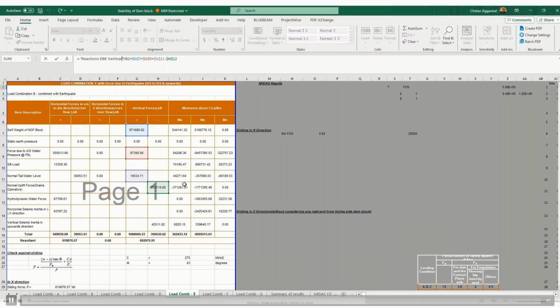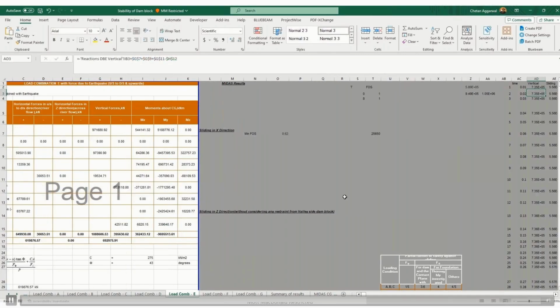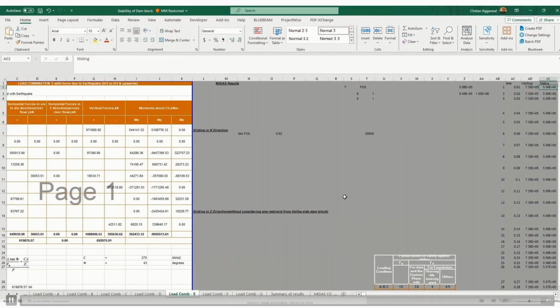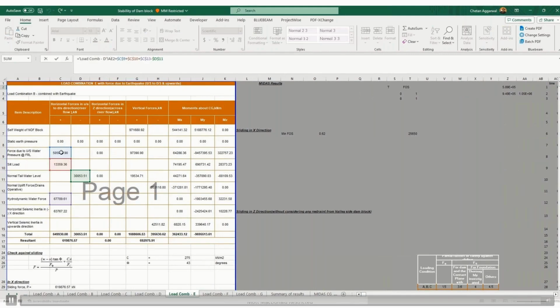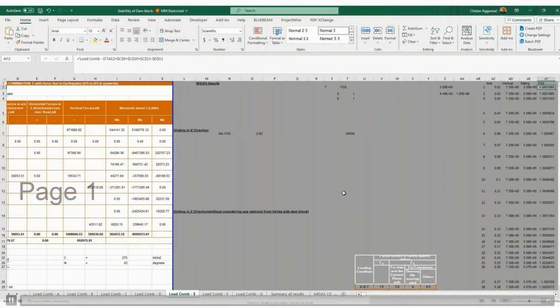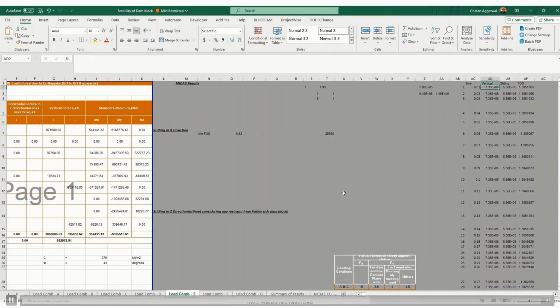Then we have to subtract the uplift, that I'll do for getting the vertical reaction, and similarly for sliding I'll add the force due to upstream water pressure, silt load, and I'll subtract this normal tailwater level and hydrodynamic force. As I have not modeled the water, I'll add it from this data which I have compiled, and then evaluate the factors of safety.